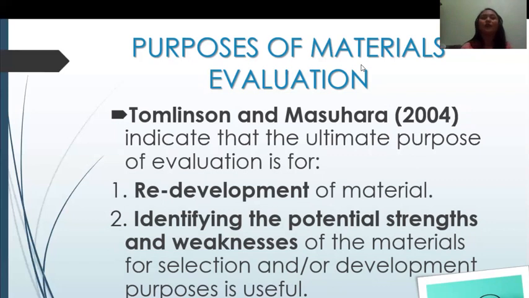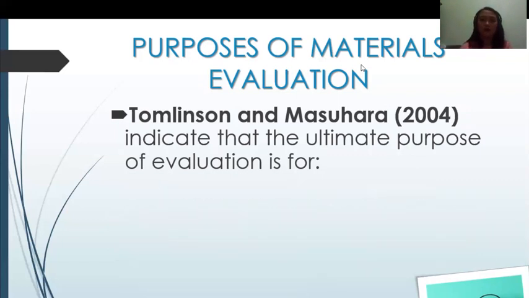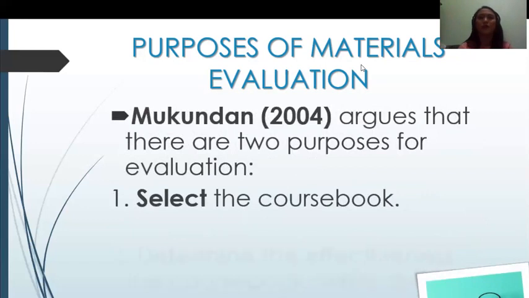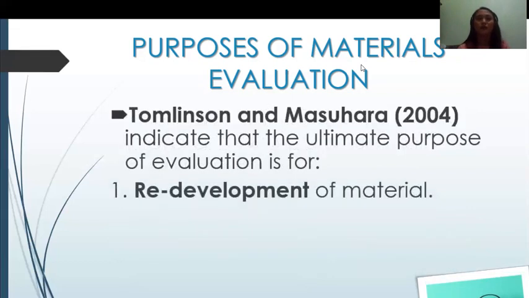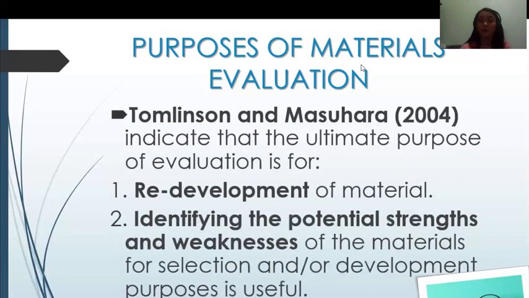Based on the purposes said by the previous author, Mukundan, we could use materials evaluation to select the course book and to determine its effectiveness. In contrast with these purposes, Tomlinson and Masuhara stated the following: redevelopment of material.